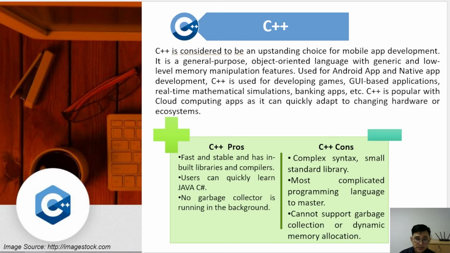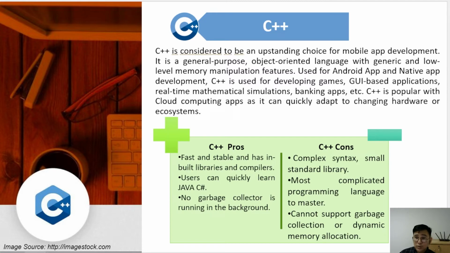C++. This is also a programming language that is considered an upstanding choice for mobile app development, even though the focus of this programming language is to develop PC-based applications, especially for Microsoft-based operating systems.